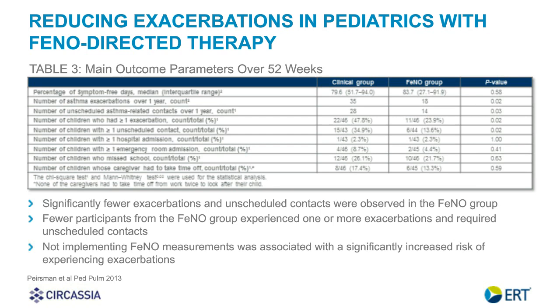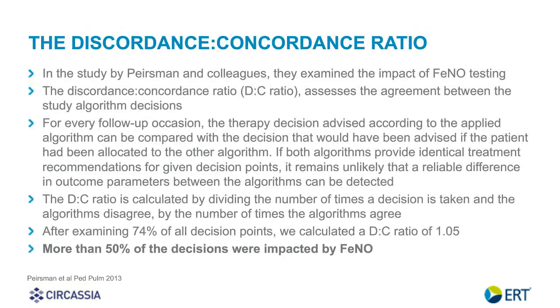Now, they also looked at what's called the discordance concurrence ratio, a type of study design where, since you used 2 different algorithms, you looked at the algorithm of the patient, and you also compared what might have happened if they were on the other algorithm. If the same outcome would occur no matter what algorithm they were on, then it was not likely that the particular treatment had much of an effect.